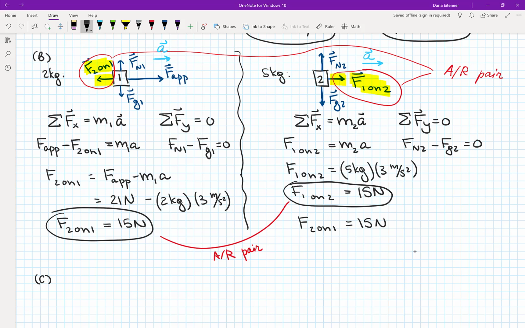In the y direction, net force is equal to 0 for both masses, right? Because nothing is going on. The boxes are not falling through the surface, jumping up and down, nothing of that sort. Okay, so we're good.